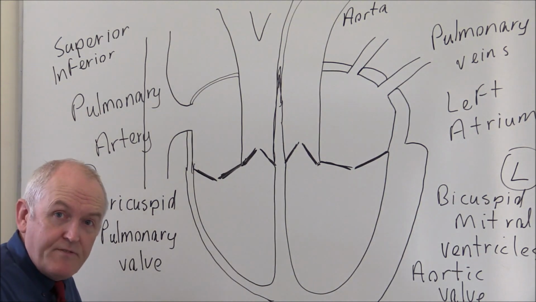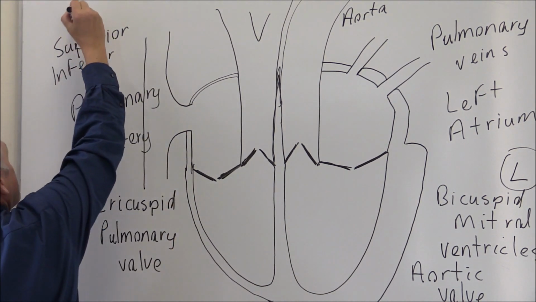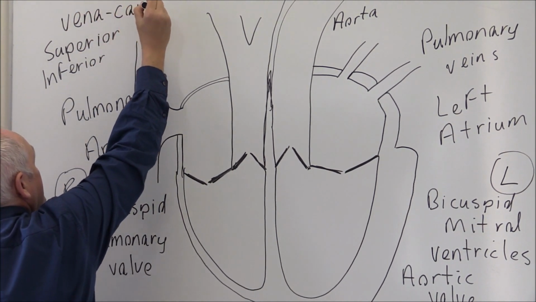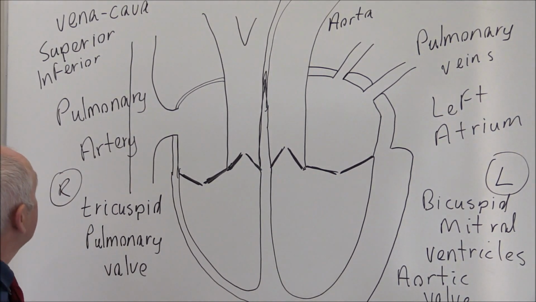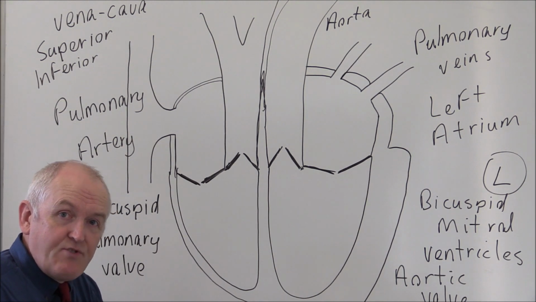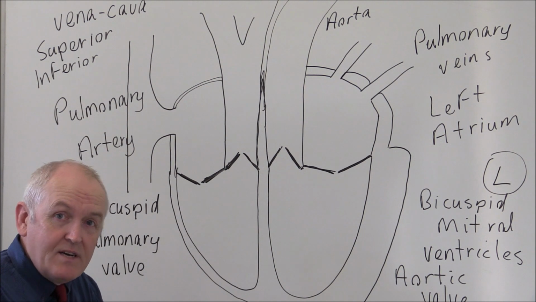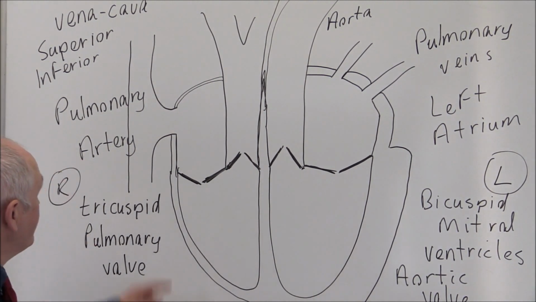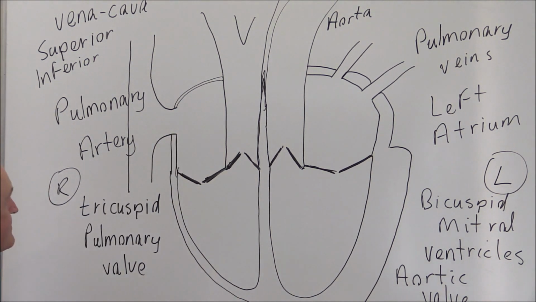And both of these are referred to as the vena cava. So the vena cava is the largest vein in the body. The superior vena cava is draining the top half of the body, and the inferior vena cava is draining the bottom half of the body, both draining blood into the right atrium.